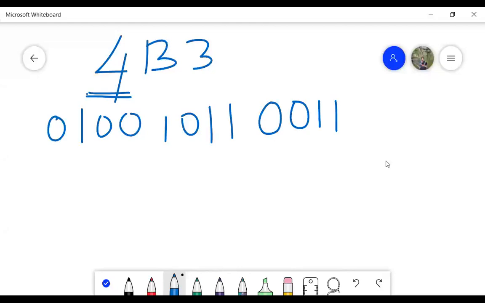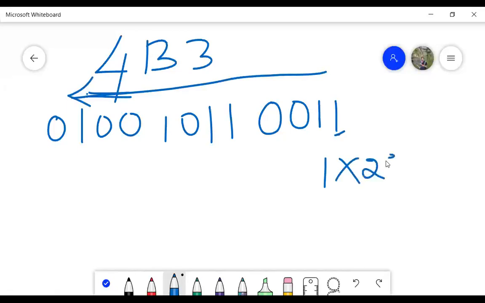Now how will we convert this? Again, the conversion process to be followed is from here to here. This will be equal to 1 into 2 to the power of 0 plus 1 into 2 to the power of 1. So 0, 1, this is not there. 2 to the power of 2 we don't have.